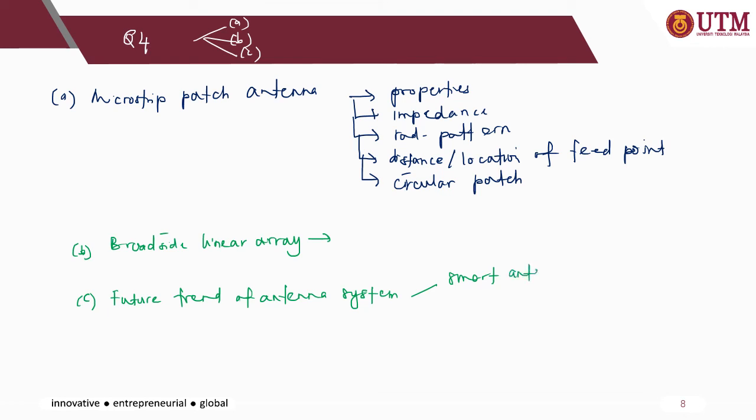For example, smart antennas or configurable, and then the MIMO. Okay, so I think this contributes around 4 to 5 marks if I was not mistaken. Right, so you need to understand the principle or the current and future trend of the antenna system.